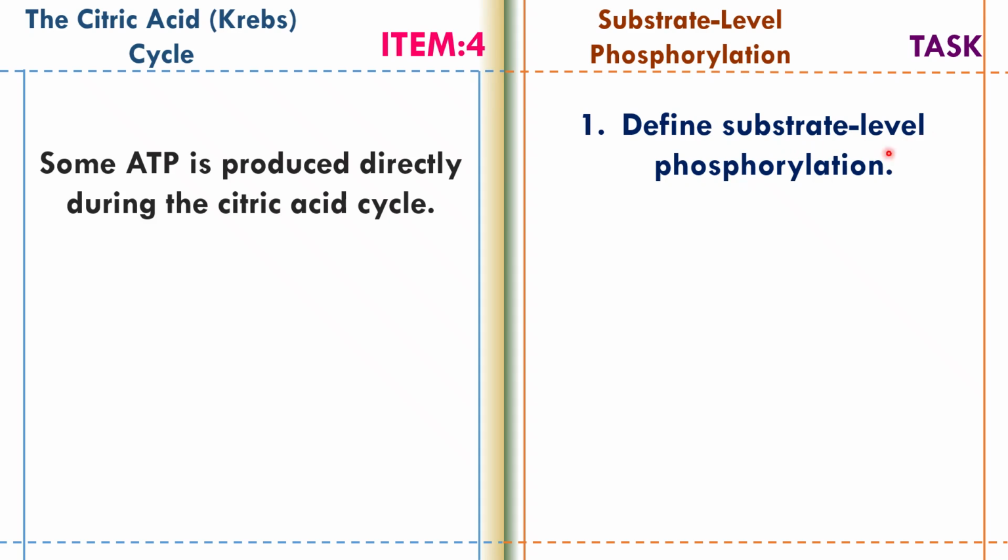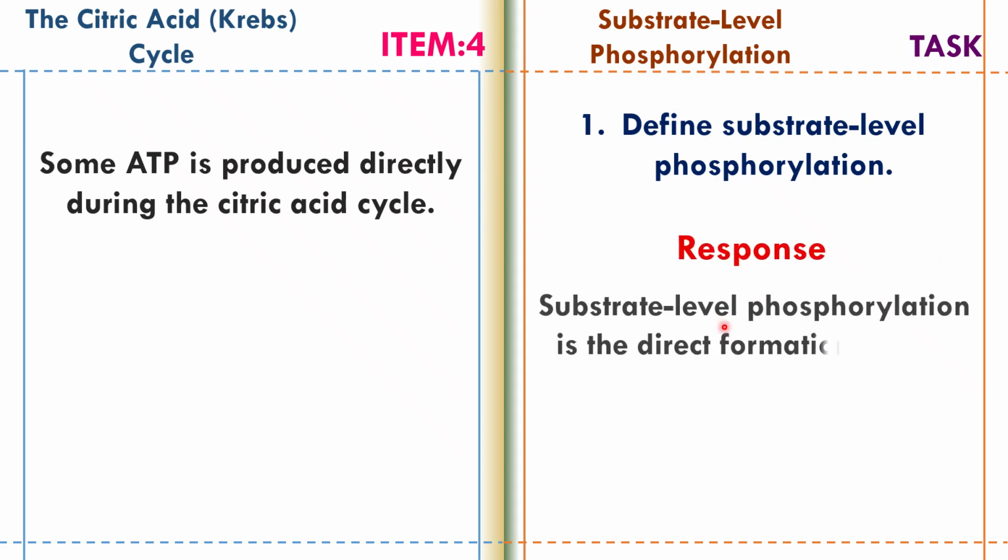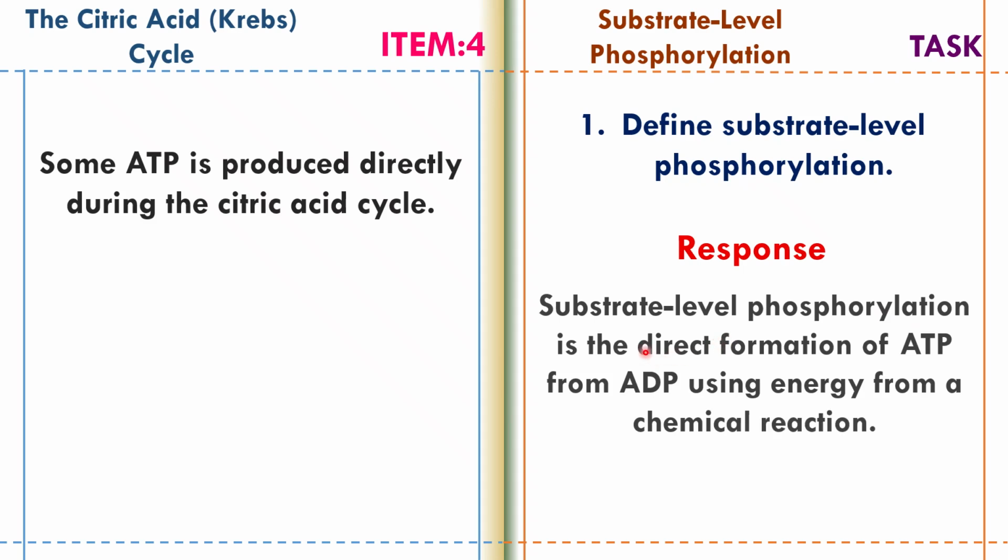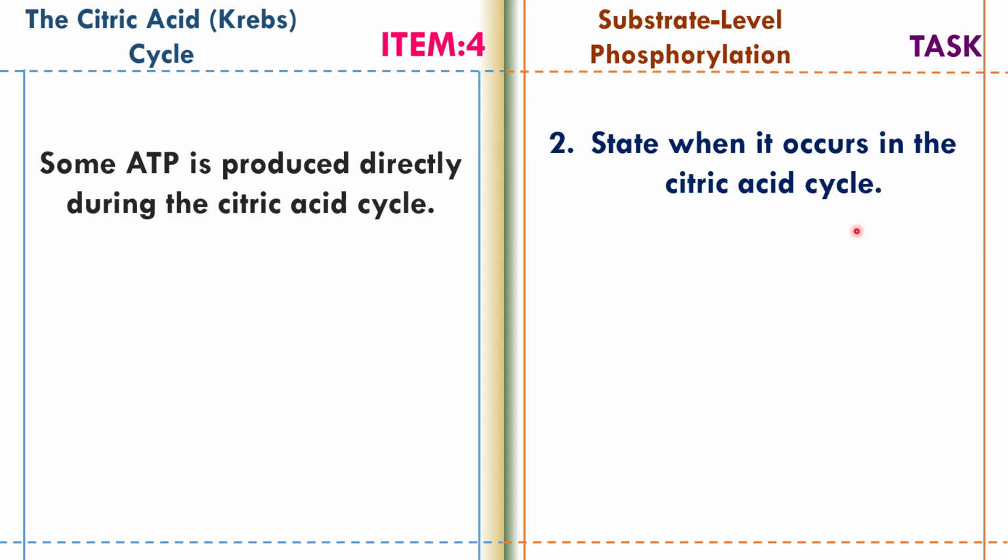Define substrate level phosphorylation. Substrate level phosphorylation is the direct formation of ATP from ADP using energy from a chemical reaction. State when it occurs in the citric acid cycle.